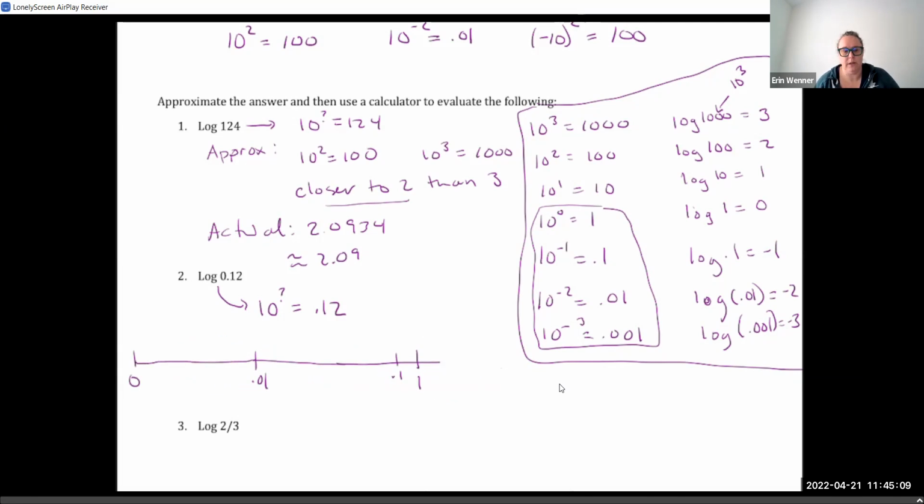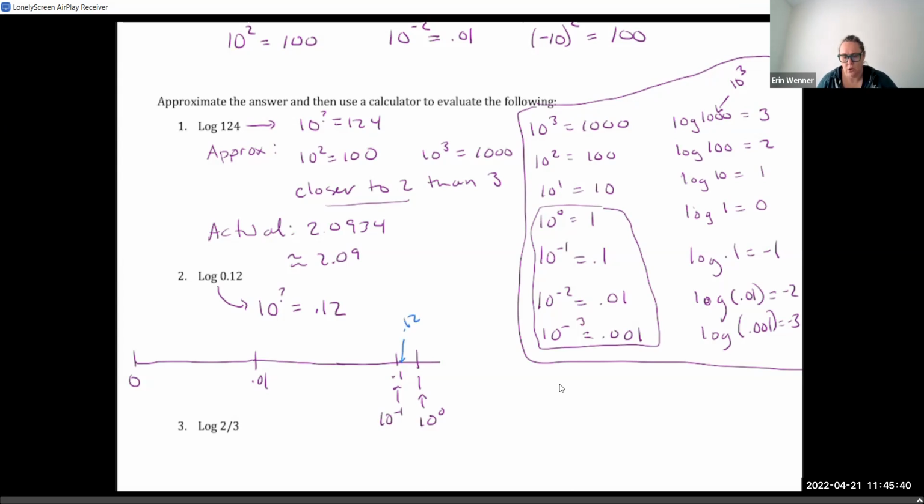Now this isn't necessarily to scale, but I just want you to think about where these numbers live. So 1 represents 10 to the 0, and 0.1 is 10 to the negative first. So 0.12 is like right here.